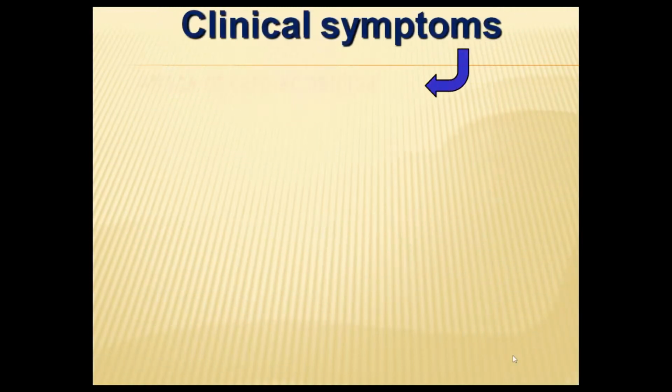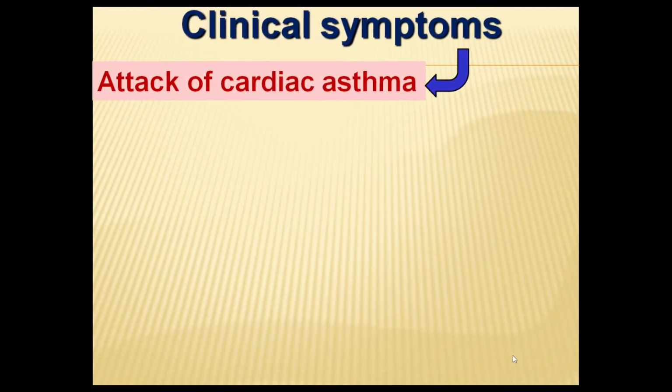Let's look at the clinical manifestation. I told you that first of all the pulmonary vessels are overfilled with blood, and blood is absorbed into the intra-alveolar space. The activity of the alveoli is restricted, and the patient cannot inhale adequately. We are talking about attacks of cardiac asthma, because it is a sudden process.